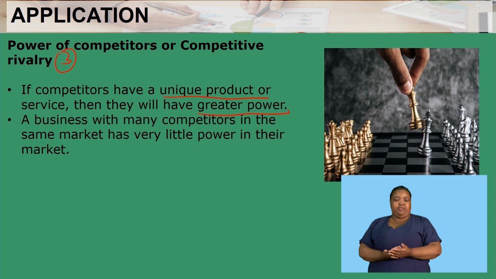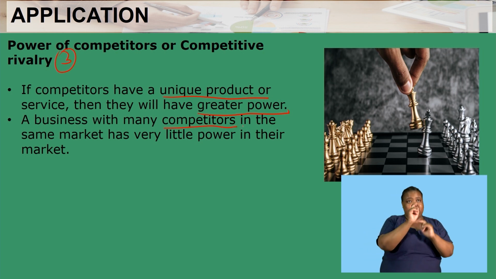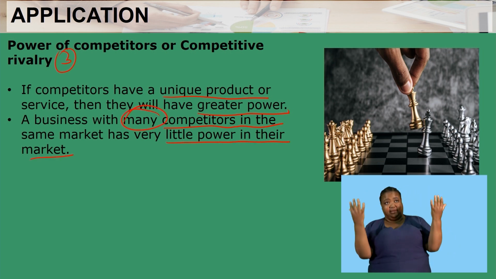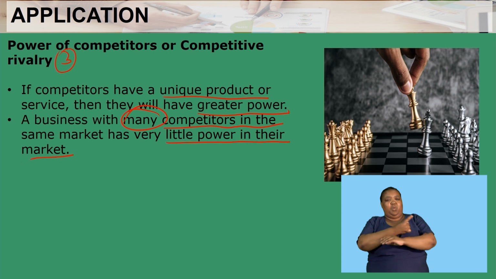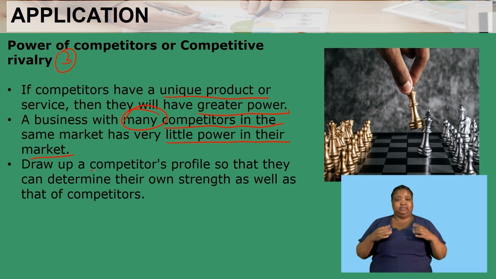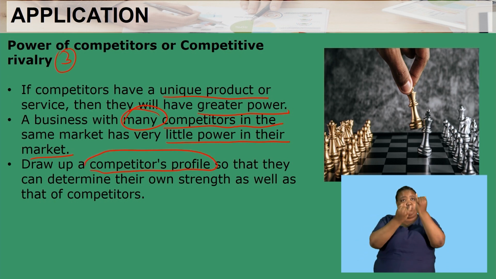So a business with many competitors in the same market has very little power in their market, because customers can go to any store that they want. So as a business, we need to draw up a competitor's profile. What is a competitor's profile?